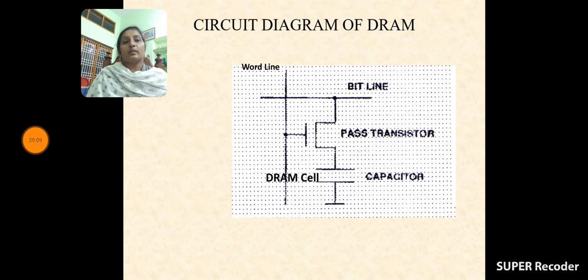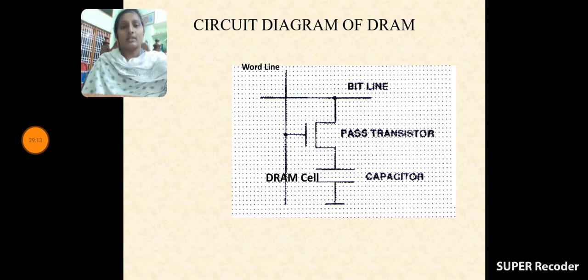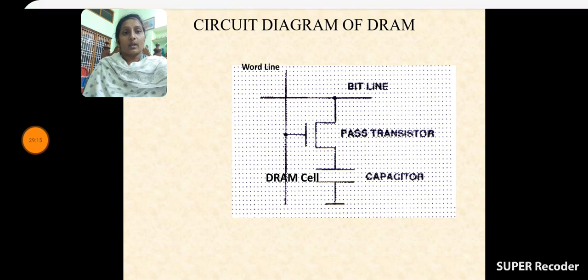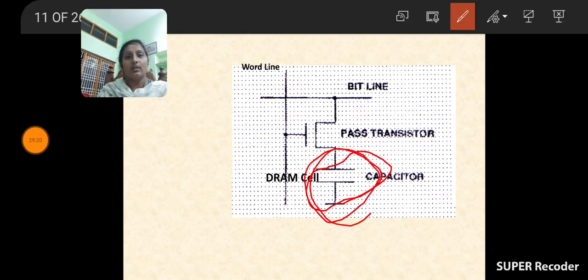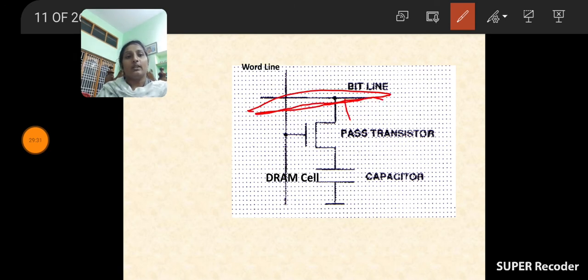This is the diagram of DRAM. So what is the main element here we are using as a storing element? Capacitor. So this element is the key element in the dynamic RAM. It is used to store the energy in the form of electric charge. If the bit line is connected to the power supply, it is in on condition and the capacitor starts charging to the maximum supply voltage, that means it stores 1 bit.